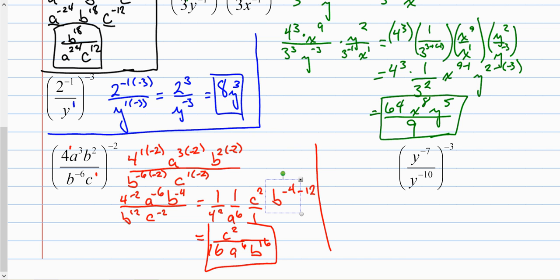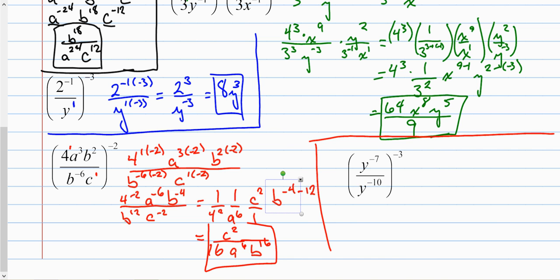We only have one left, and I believe I have enough room. Let's see. Now, I know I have been dealing with this negative exponent and bringing him inside first, but I don't have to.